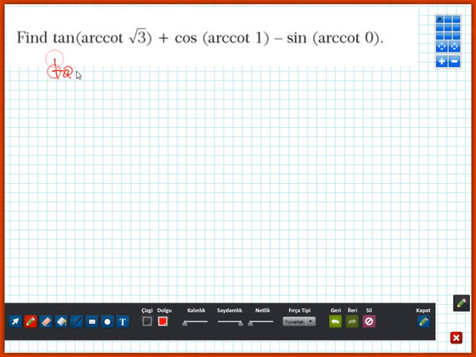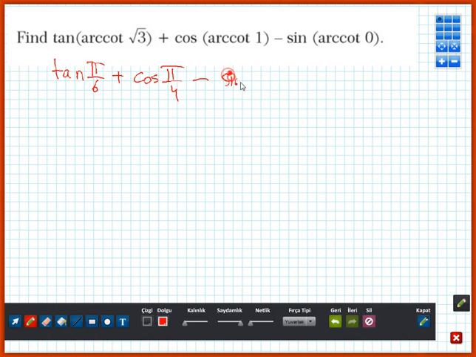Now this one is tangent pi over 6 plus cosine of arccotangent 1. The angle between 0 and pi for which cotangent will be equal to 1 is pi over 4. This is cosine pi over 4 minus arccotangent 0. The angle between 0 and pi for which cotangent will be equal to 0 is 90 degrees, cotangent pi over 2 is equal to 0.